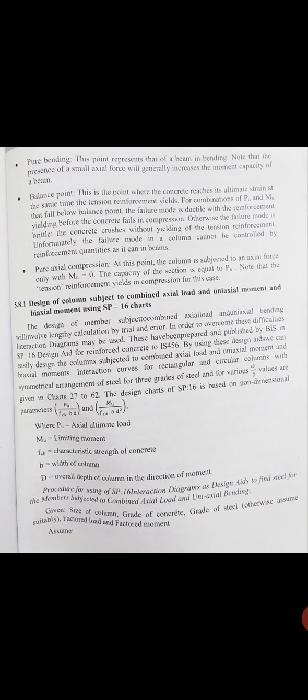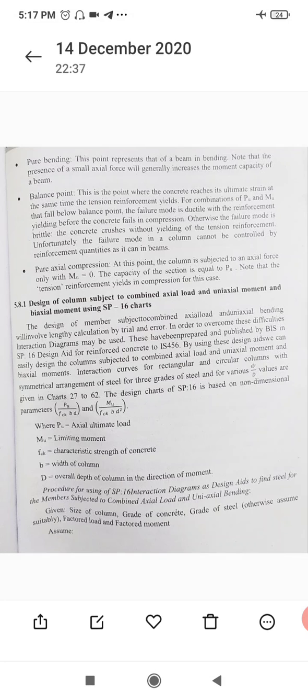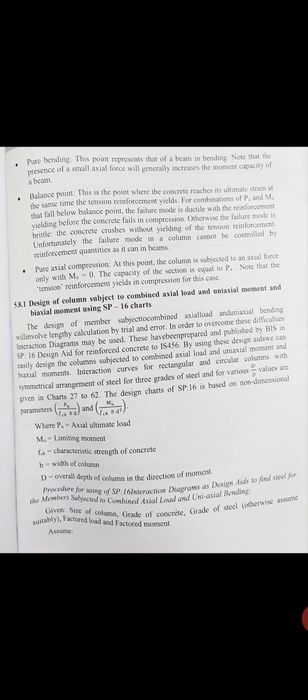Next is the design of a column subjected to combined axial load and uniaxial moment, and biaxial moment, by using SP16 charts. The design of members subjected to combined axial load and uniaxial bending involves lengthy calculations in a trial and error method. To overcome these difficulties, interaction diagrams may be used. These have been prepared and published by BIS in SP16, Design Aids for Reinforced Concrete to IS 456.